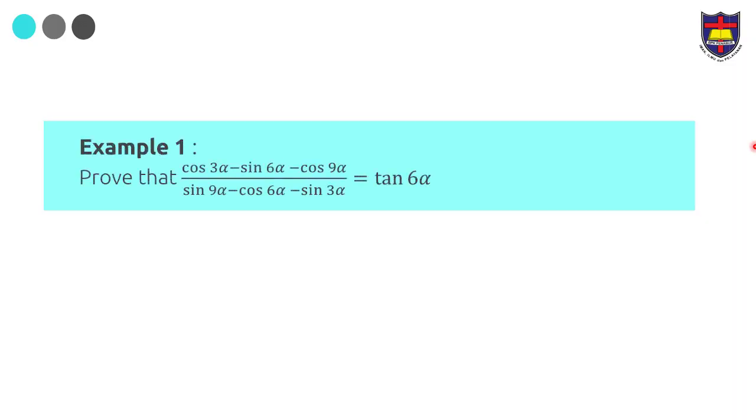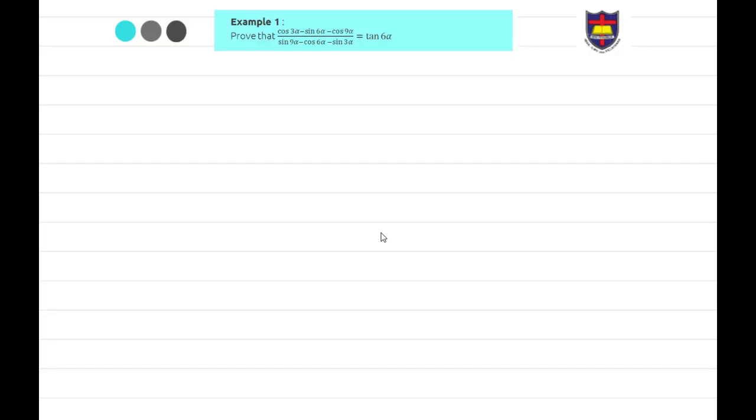Let's see the example. Here, I have to prove that all these terms at the numerator and denominator can be simplified to become tangent 6 alpha. So this is the explanation. For this example 1, I need to rearrange so that I can choose any of the formulas.